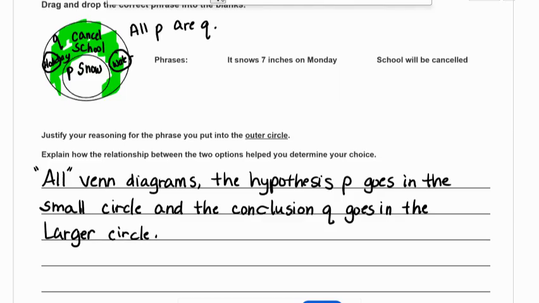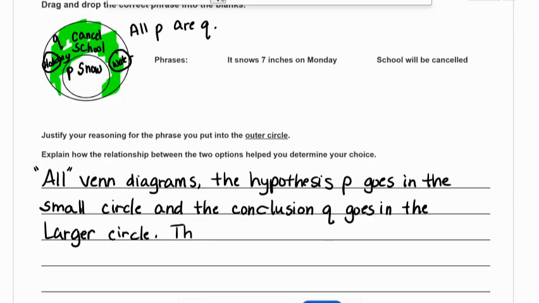That's why canceling school needs to be the bigger circle, to hold all of those other subsets that would happen when you cancel school. So you needed to continue talking about real life.